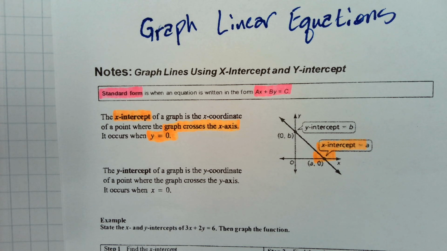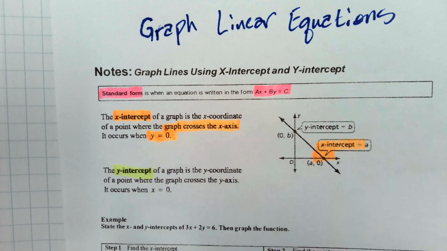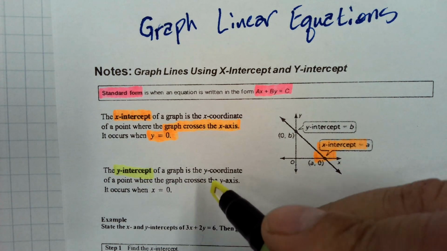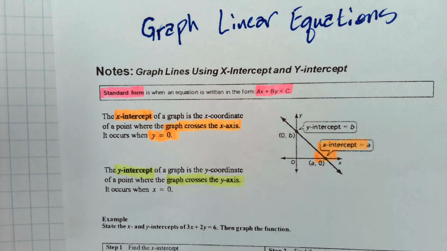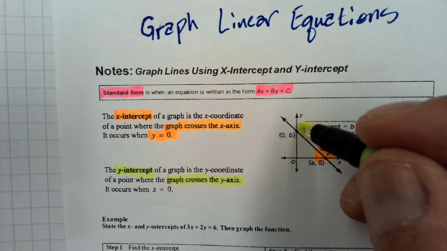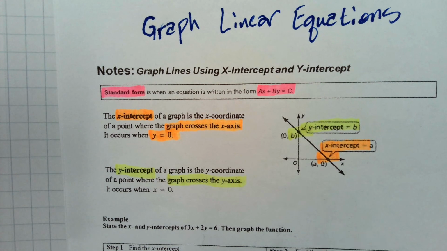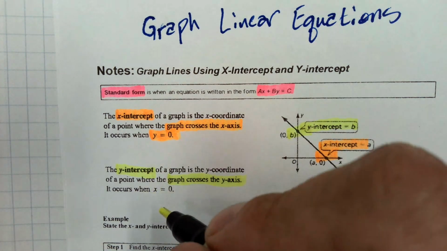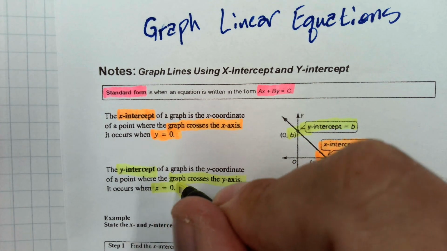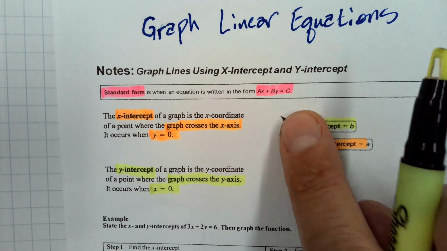That's important to remember. Let's talk about the Y-intercept. So the Y-intercept is where the graph crosses the Y-axis. And we have it right here. And if you notice, that's where X equals 0. Okay, so it's crossing the Y-axis.